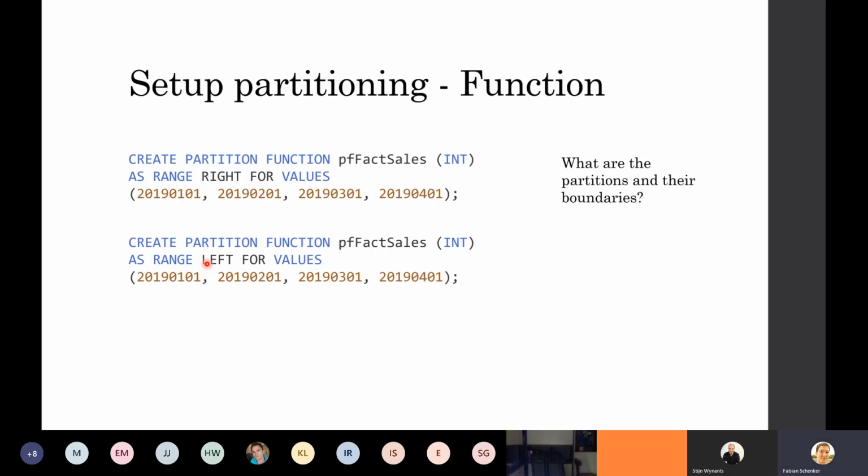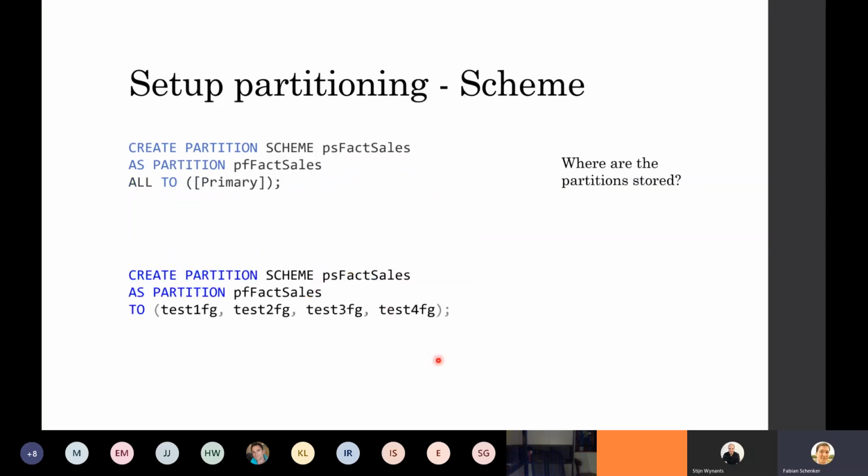The second partition will be greater than January 1st and smaller and equals February 1st, which is horrible because the first of your month will always be in a different partition than the rest of your month. So make sure to always use range right if you're going to create a partition. But I hope after this presentation you're going to use partition views. Let's see about that.